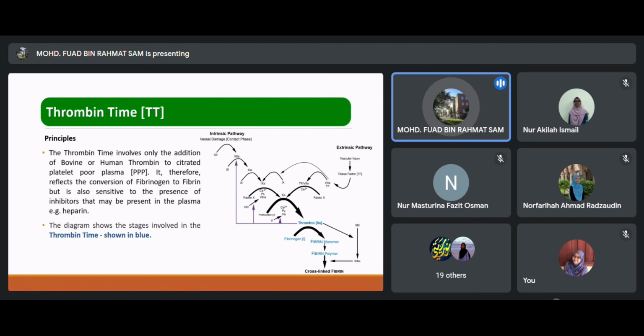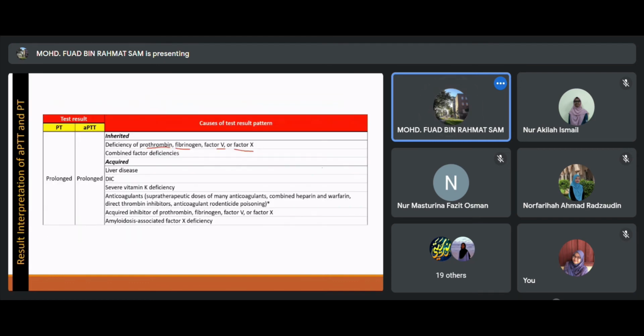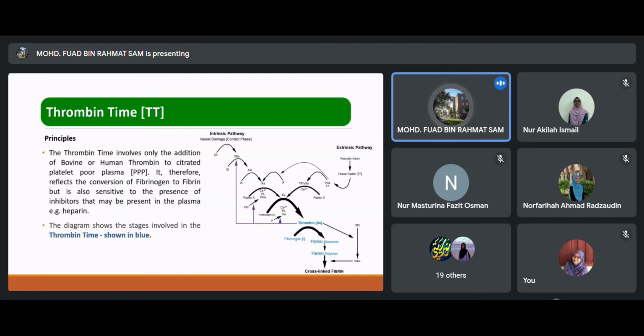So the diagram shows the stage involved in the thrombin time, shown in the blue. So kalau tengok tadi untuk thrombin time, fibrinogen which is involved in the common pathway. In principle, they just add the bovine or human thrombin ke dalam plasma.